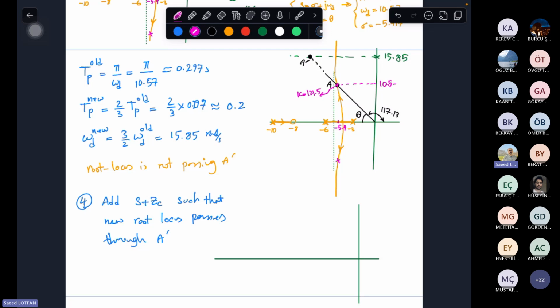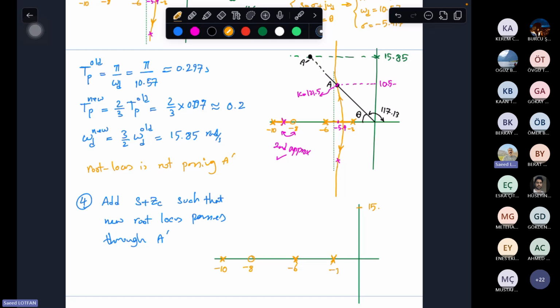I forgot about that. I can say the third pole is here. So here is the zero-pole cancellation. So the second order approximation is okay. I have to mention that. So -3, -6, -8, -10.